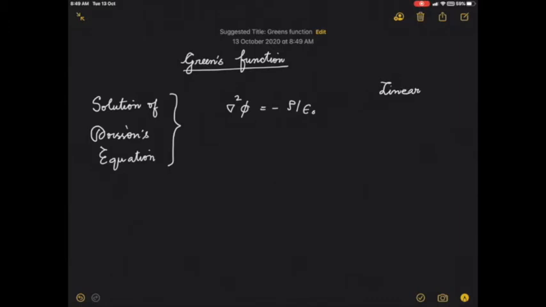So this is, just let me remind you again, a linear and inhomogeneous equation. Inhomogeneous means that I have a term which is non-zero and does not contain phi, which is what we are trying to solve for. So we are trying to solve for this.